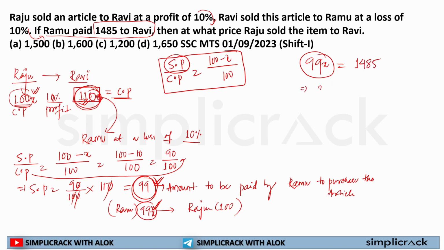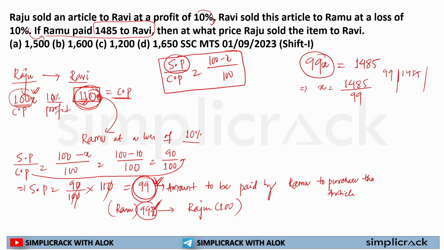So now x is what? 1485 divided by 99. The 99 that is multiplied here will come to this side and be divided. So if I try to solve this question, what will be my answer? I will simply divide 1485 by 99.